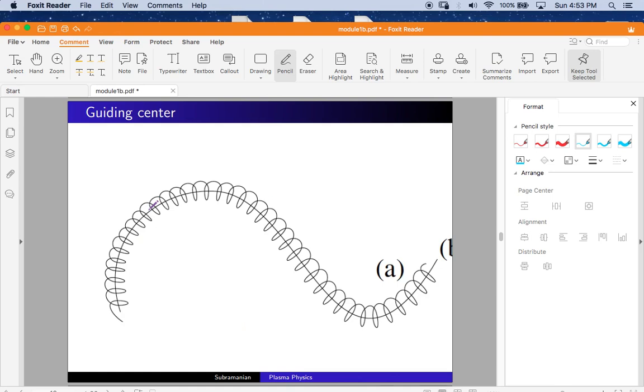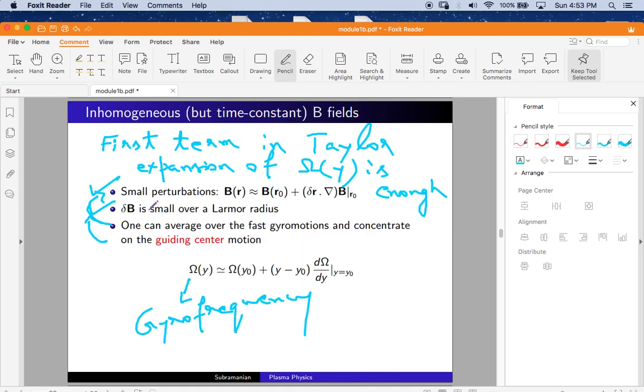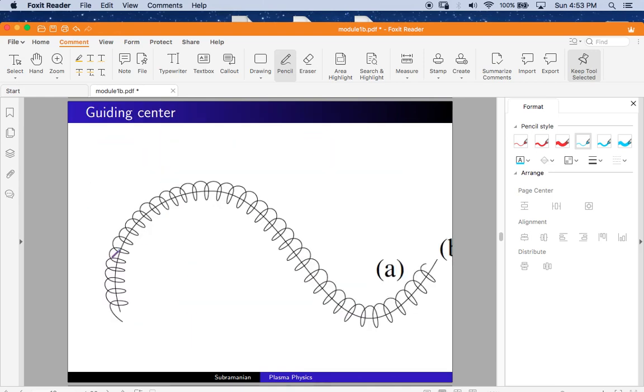All right. So if this is true, then the concept of the guiding center motion that we talked about earlier is good enough.